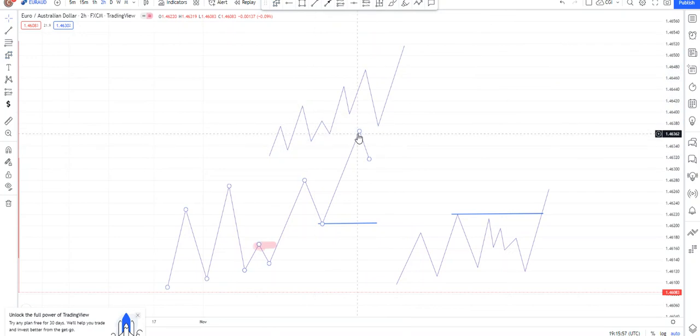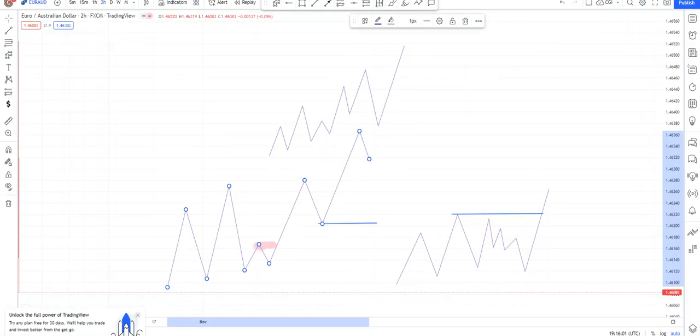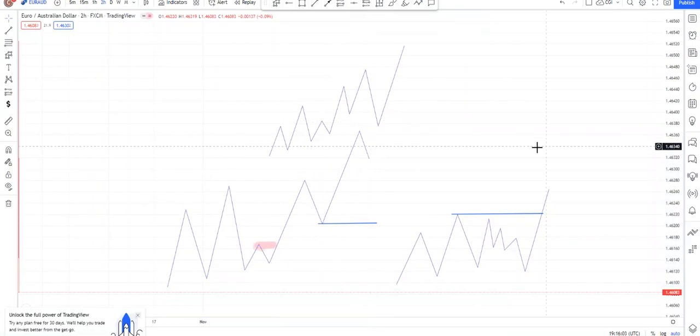So any of your price points that doesn't correctly obey the rules of a strong high or a strong low, or a point that I said before that when price goes beyond it, it has resulted in a proper break of market structure.